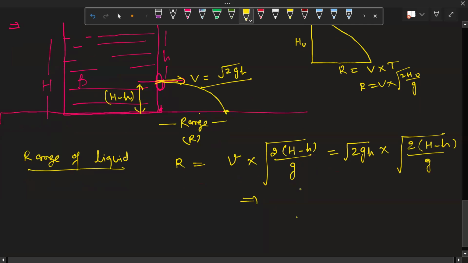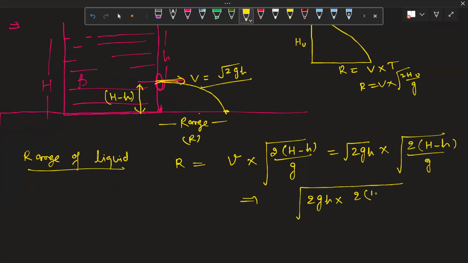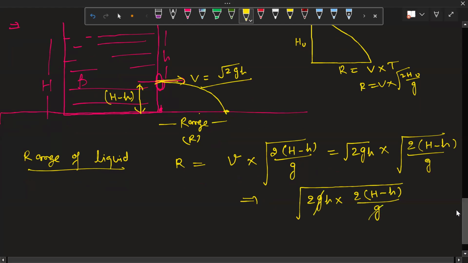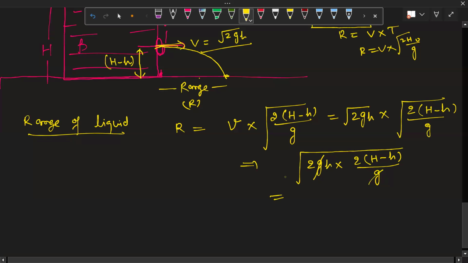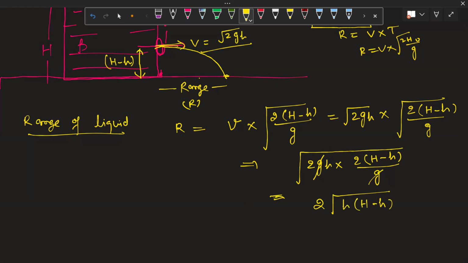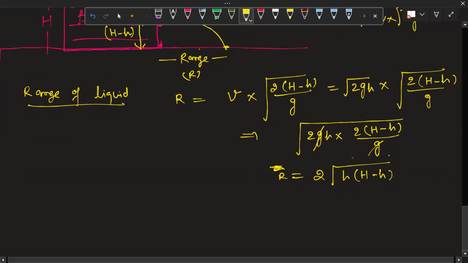Both are in the square root, so we can combine. g cancels, and 2 you can take outside because there are two twos. So R equals 2 times under root h into H minus h. This is the formula for the range, how far the liquid will go.